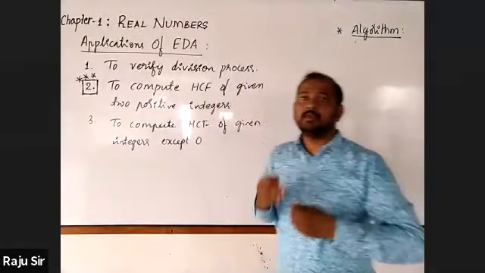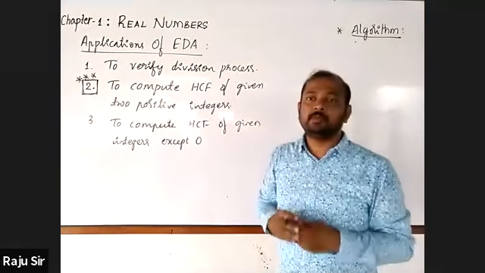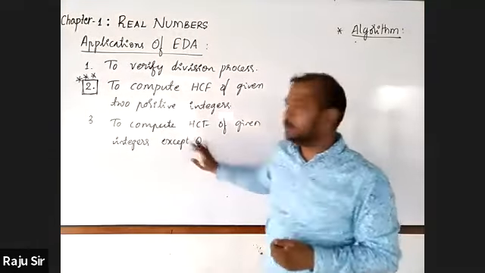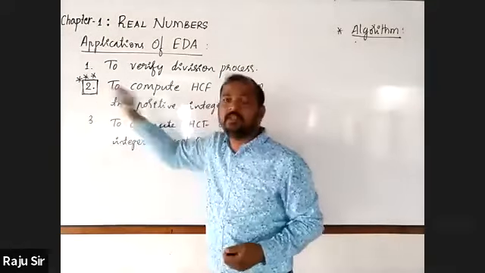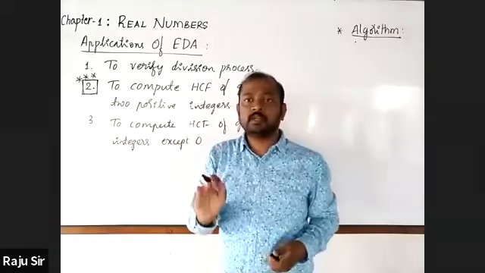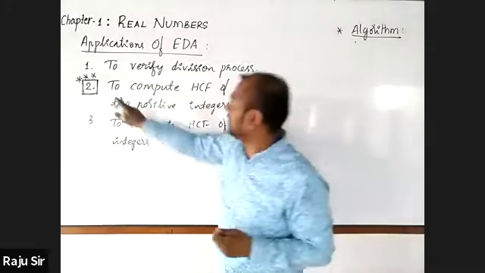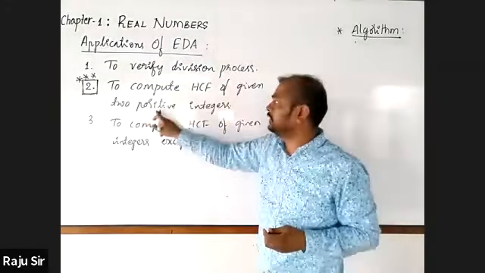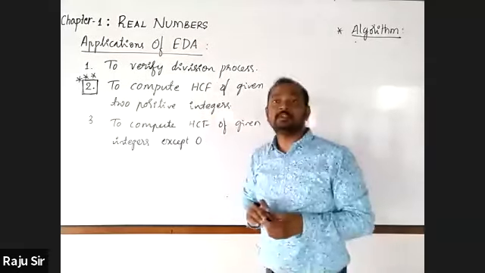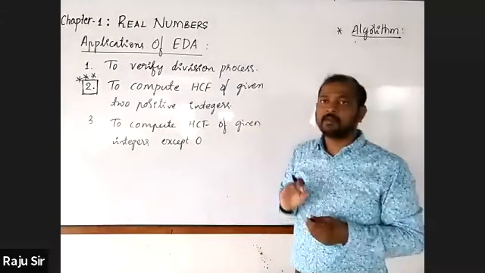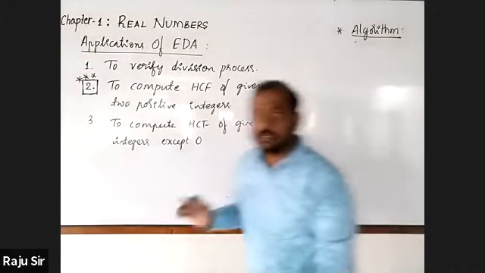The reason is, when you take 0 in the denominator, it will be undefined. Again, I am reminding you, the second one is very important. Definitely, there will be one question on this, that is finding the HCF for given two positive integers by using Euclid's division algorithm. Okay.